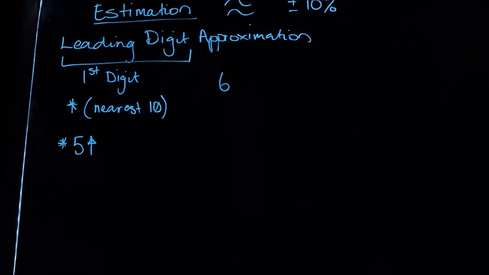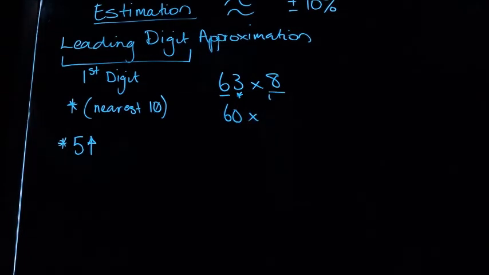Maybe let's do 63 times 8. Here's a good example. Now, the leading digit here is a 6. So we only look at the digit beside it and make this decision: if it's 5 or greater, then we round up. So we're going to leave this as 60, times 8.